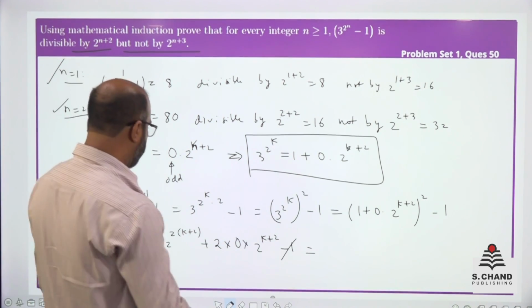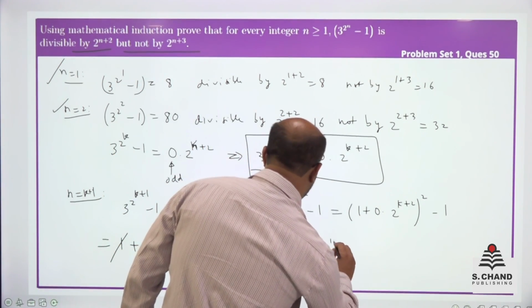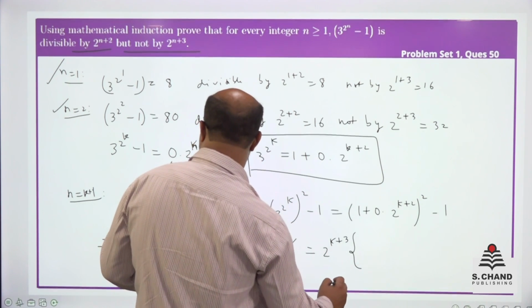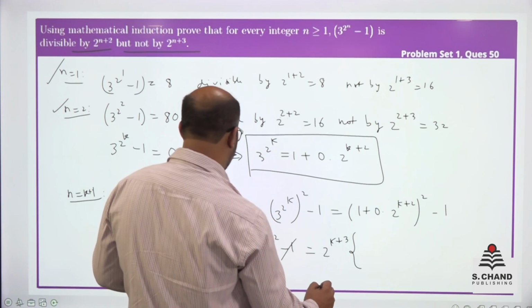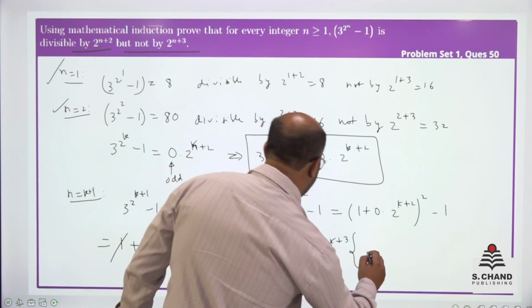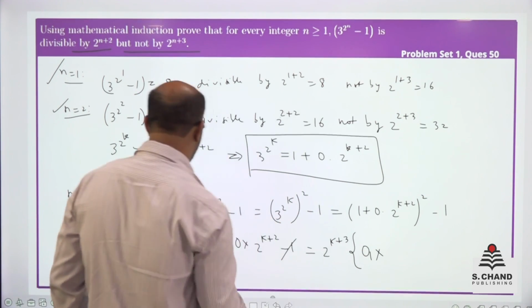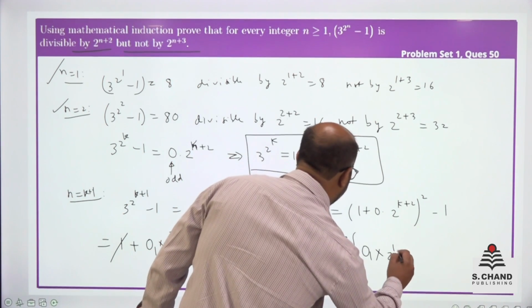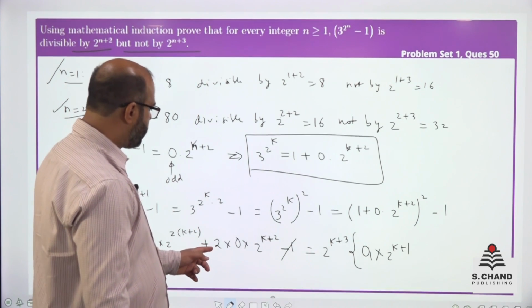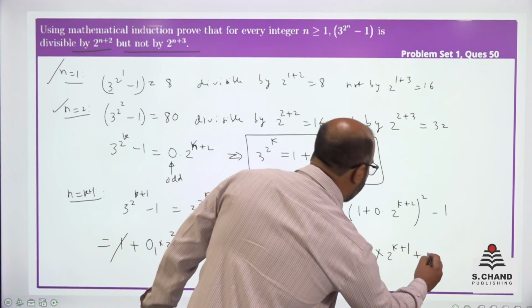So this is 2 to the power k plus 3 taken as common. So here it will be 2 to the power 2k plus 4. So what it will be given? Odd 1 into 2 to the power k plus 1. And another term, 2 to the power k plus 3 taken common, plus odd.